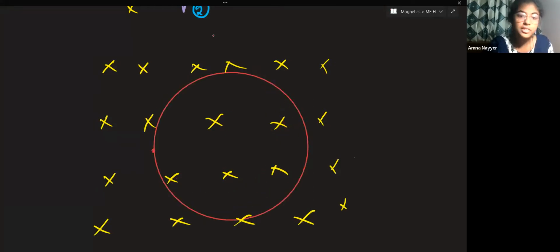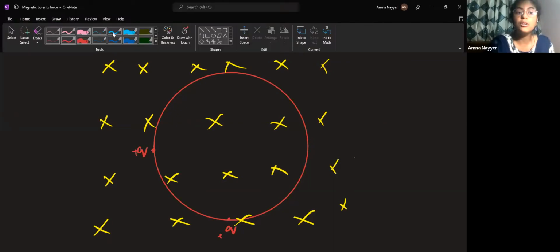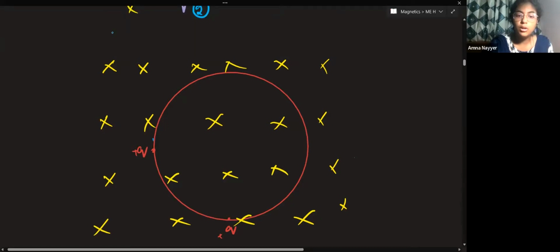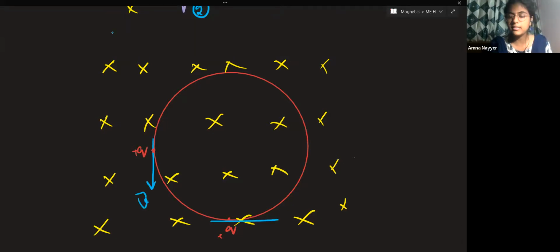See, this was the first point that we took. Remember, this was the second point, this was the third. You keep on taking any of the points. It will ultimately form a circle. And what will be the direction of velocity? Direction of velocity will be tangent to it. Yes, this is what we had studied. Right now, we had completed this part only.